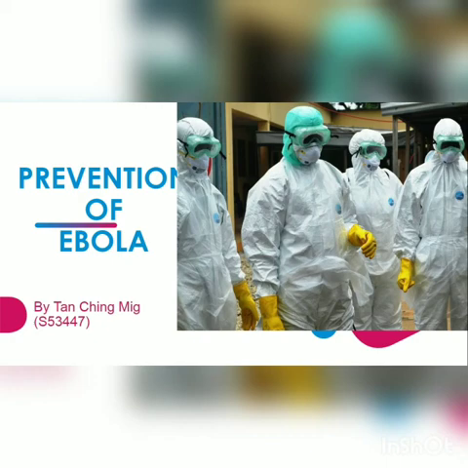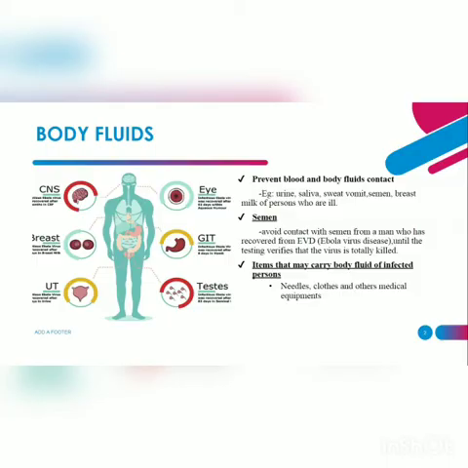So to prevent infection with Ebola, we should avoid contact with body fluids. The first is to prevent contact with blood and body fluids such as urine, saliva, sweat, vomit, semen, and breast milk of persons who are ill.